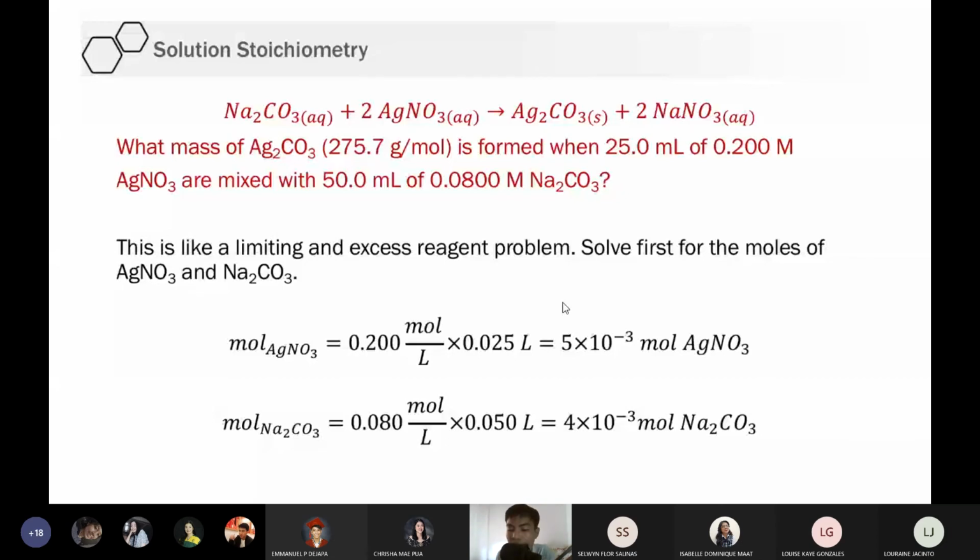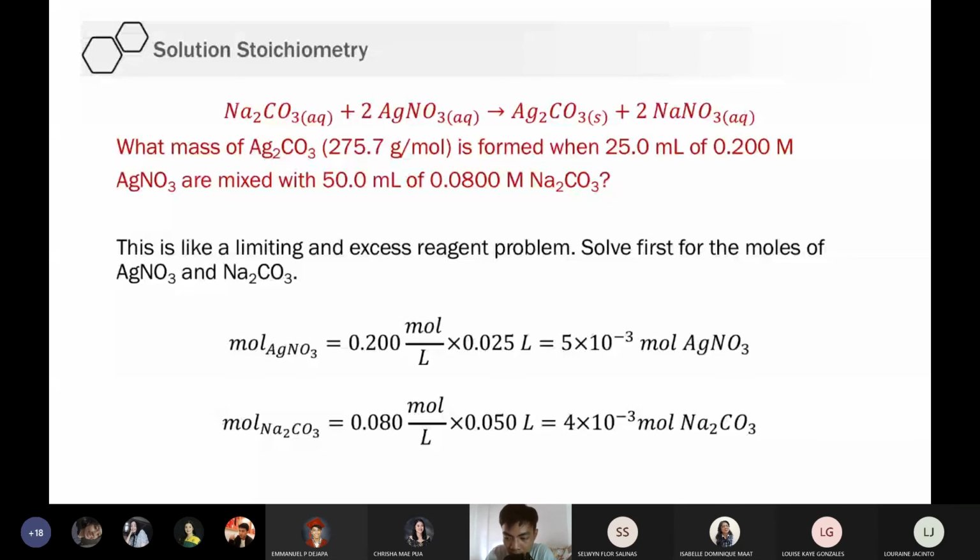Tignan natin yung given para mas magkaroon tayo ng idea how to answer this problem. No? So tignan nyo yung given substances nyo. Again, na-discuss na rin naman to last sem. Nire-recall lang natin and dinadagdagan natin ng onting additional info.